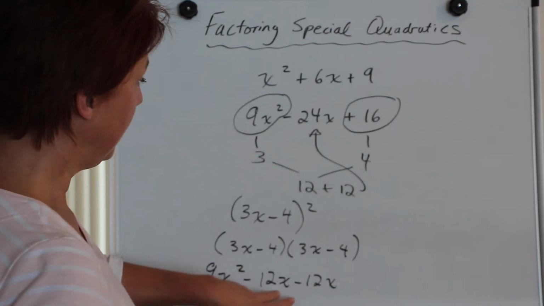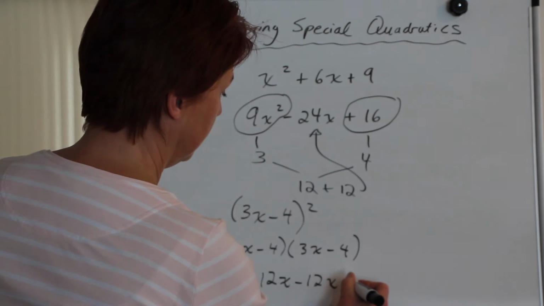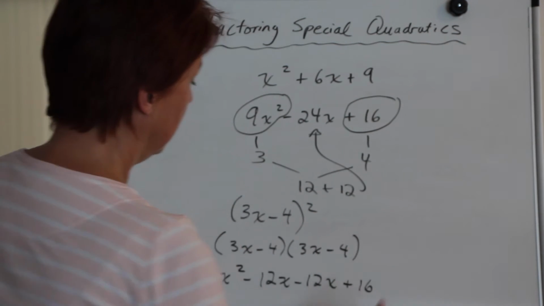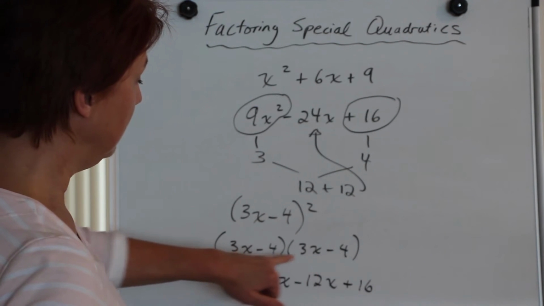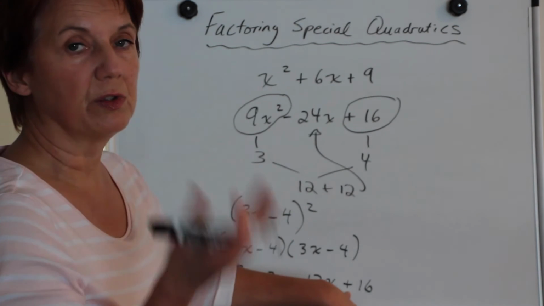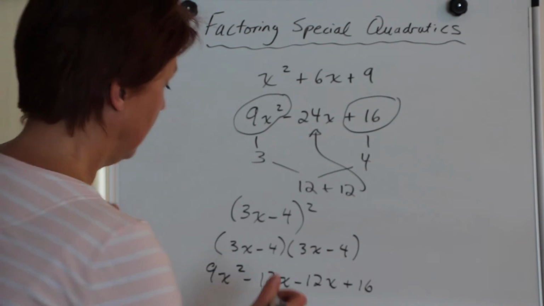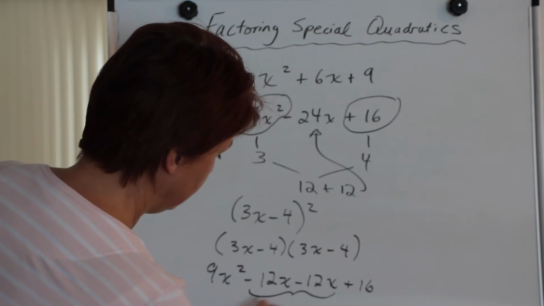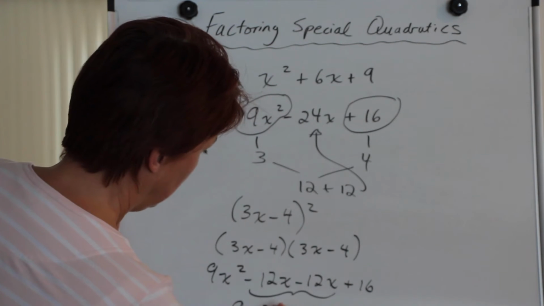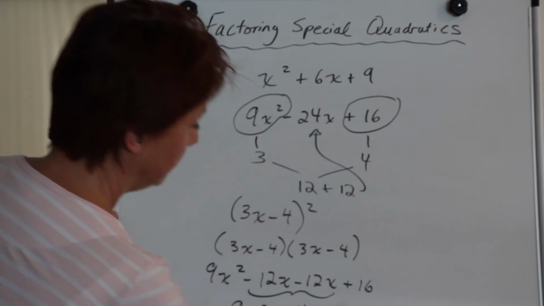So there's that 12x being added to itself, and then finally negative 4 times negative 4 is positive 16. And whether this is a minus or a plus, it is irrelevant. This will always be plus, because when you square a number or square a sign, it's always going to be positive. When we bring the middle terms together, we have 9x squared minus 24x plus 16.